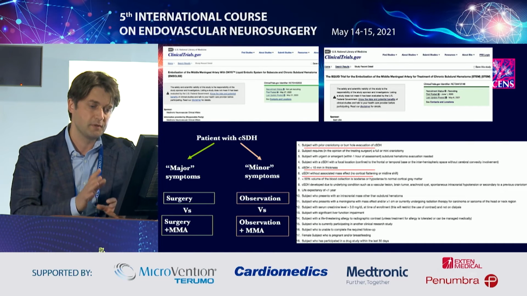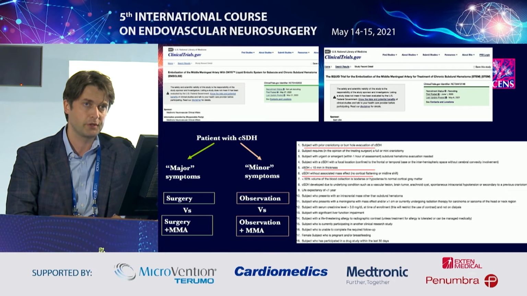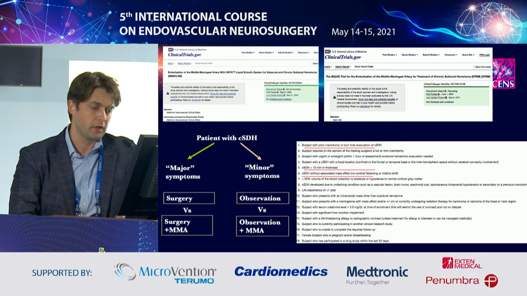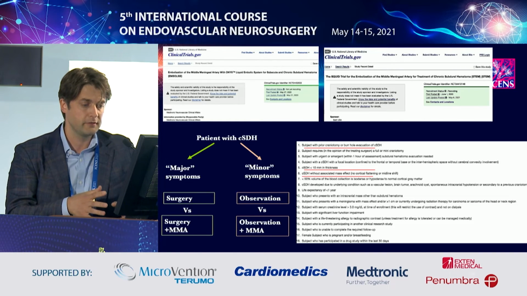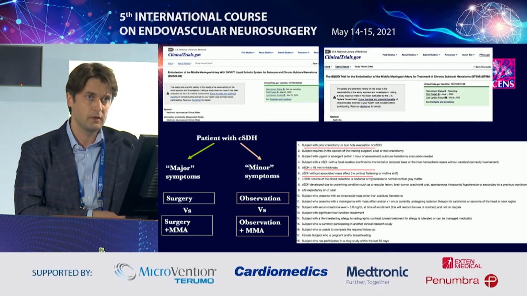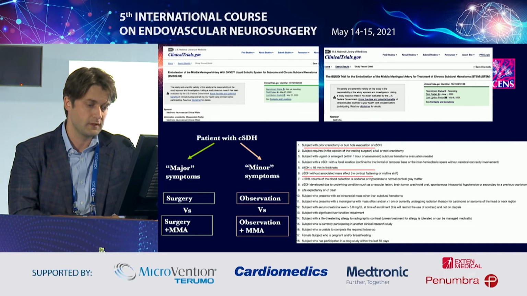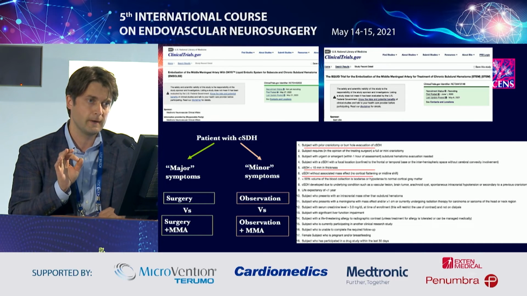There was a study, Swift and MR CLEAN Prime for ischemic stroke, and the inclusion criteria were pretty wide, and a lot of patients could be included and enrolled into this study.